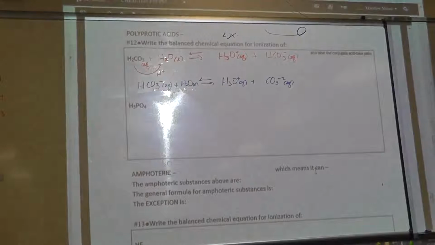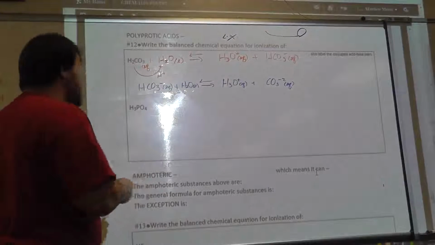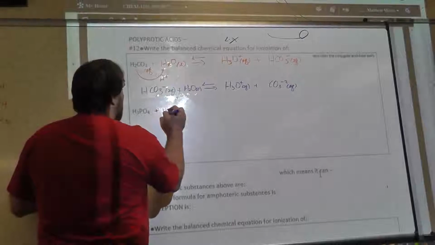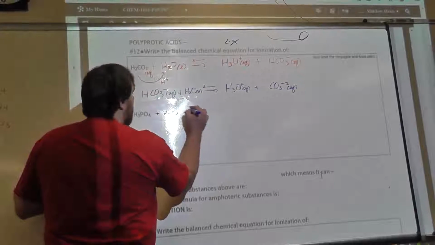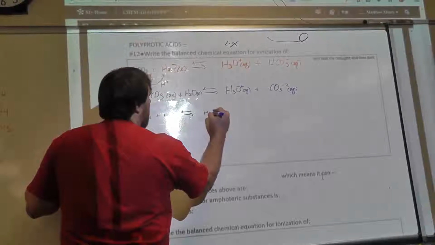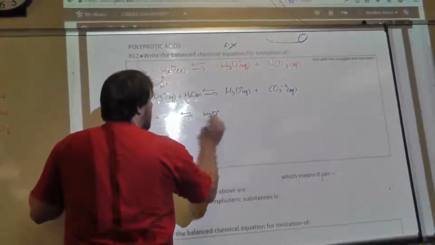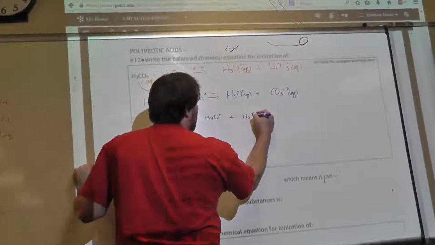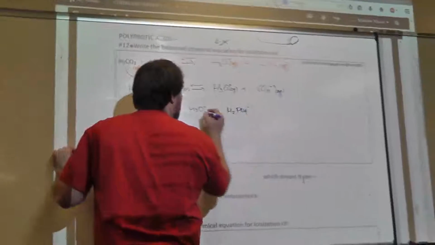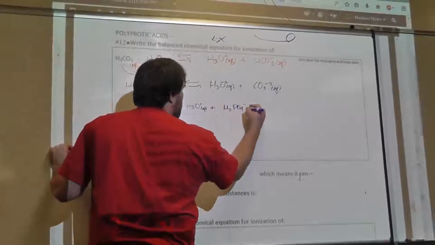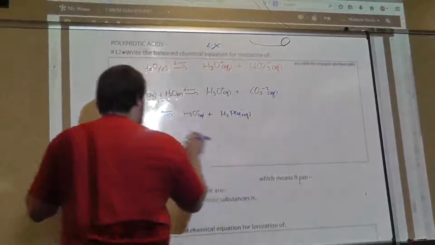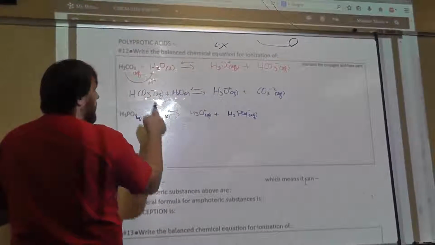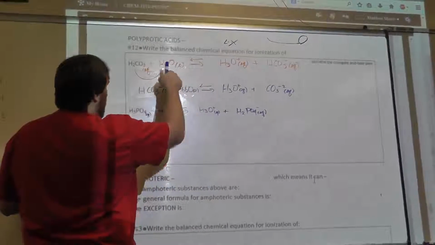What about this phosphoric acid? Well, it's going to have 3 levels of ionization. The first one is going to give you one hydronium, and what's left of the acid, the H2PO4 negative. If I'm not notating these with aqueous, please catch me and tell me. The only thing that should be liquid in this is all the water.